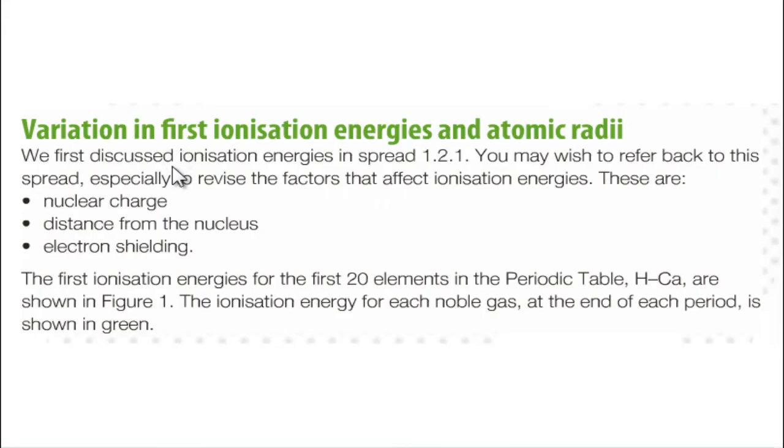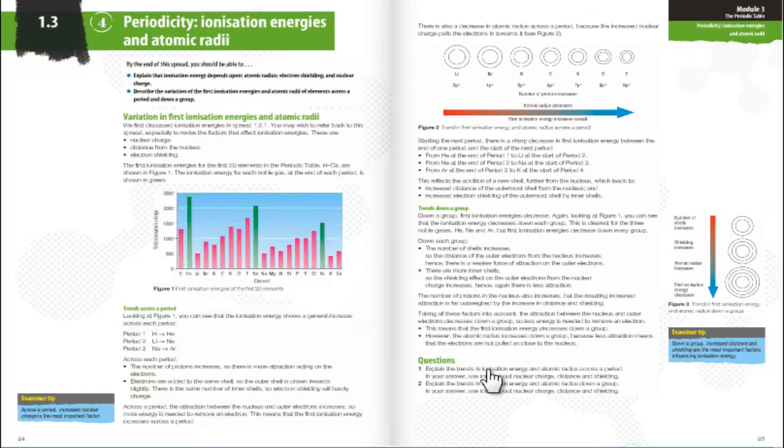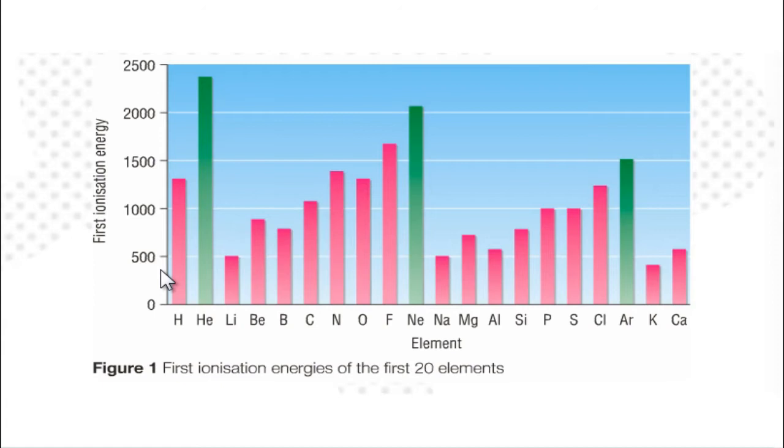So the ionization energies rely on three things: nuclear charge, distance from the nucleus, and electron shielding. So they gradually increase up to neon, and then all the way down again to argon.